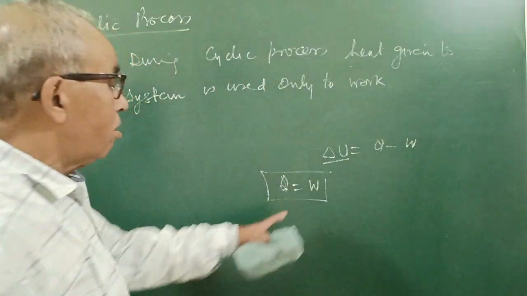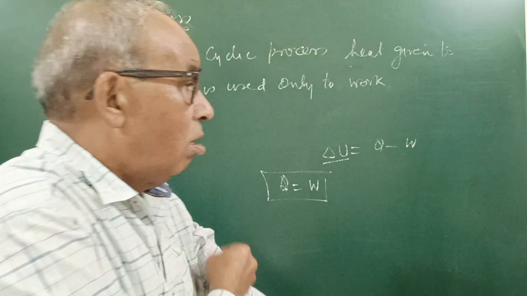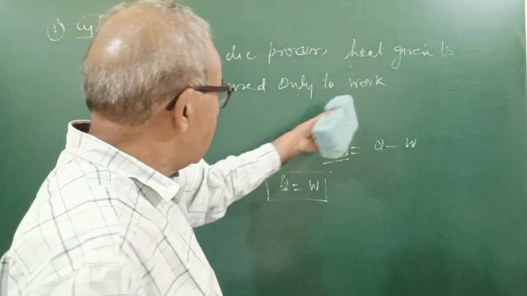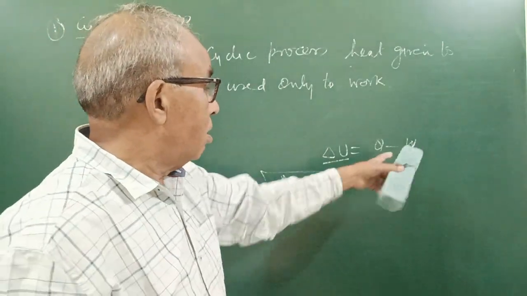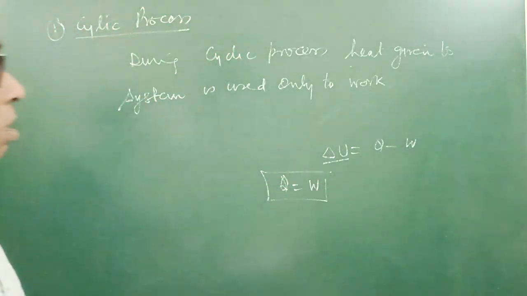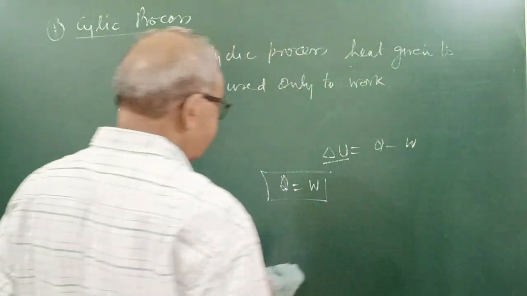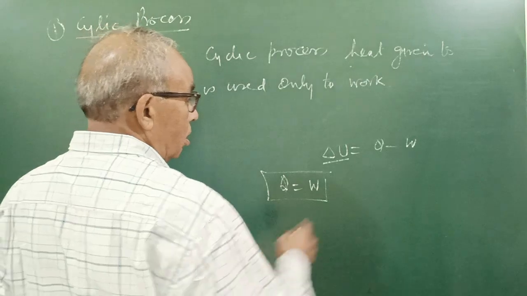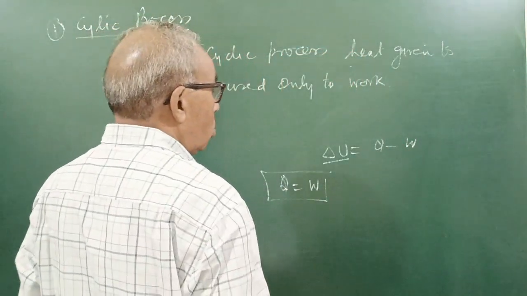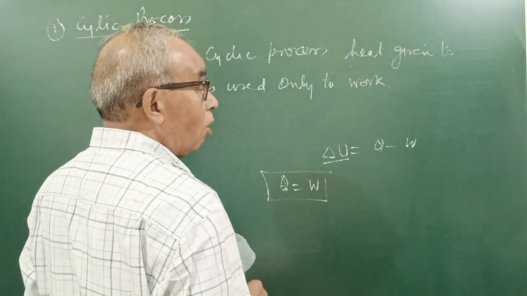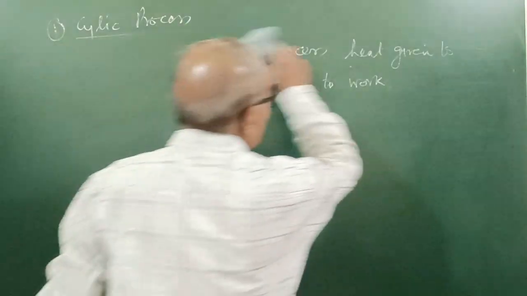Or if work is negative, meaning work is done on the system, then heat will be given out by the system. If work is done by the system, it is positive, but if work is done on the system, it will be negative. So then heat will be given out. Okay, so this is the cyclic process.